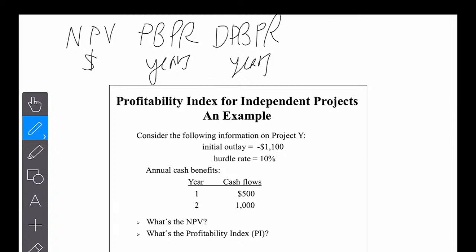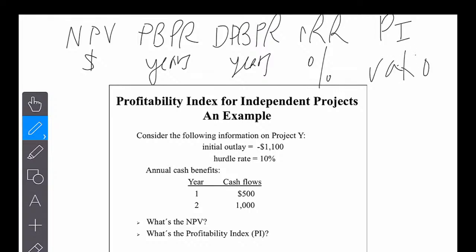And then I just did all this stuff with IRR, which was a percent. And so we have dollars, years, and percentage. And finally, I'm going to leave you with the profitability index, which is a ratio. Okay, so these are different metrics, and they all have different strengths.